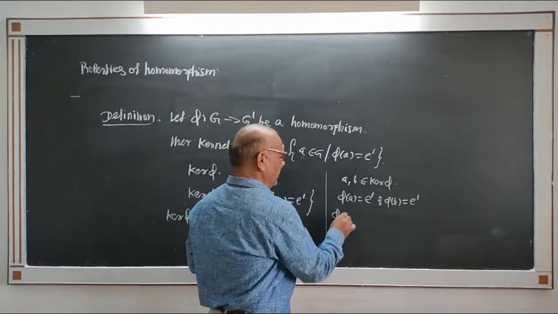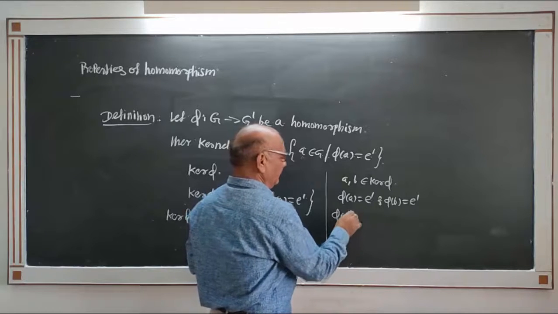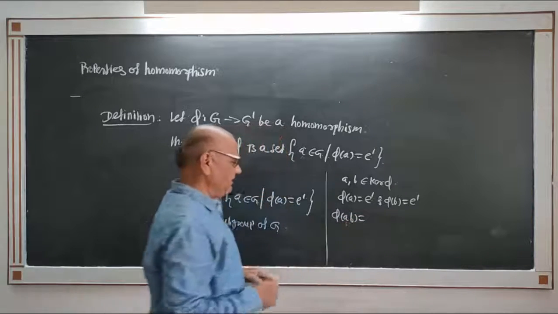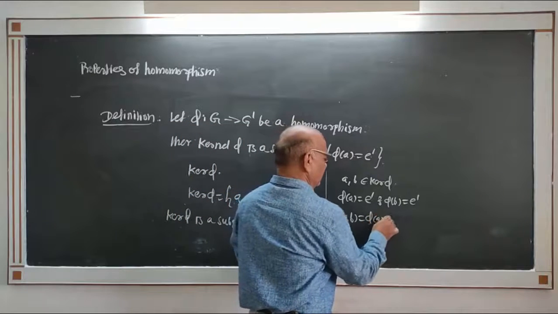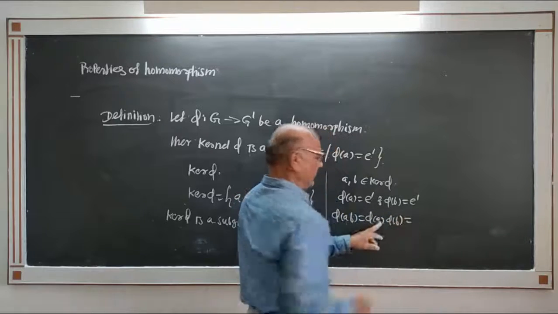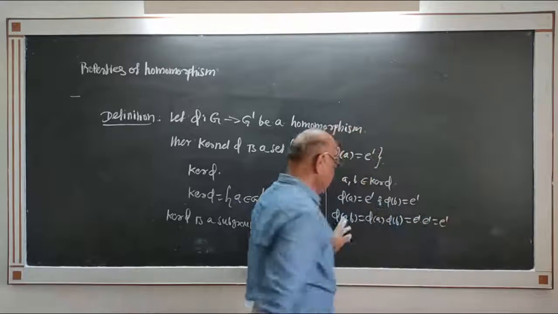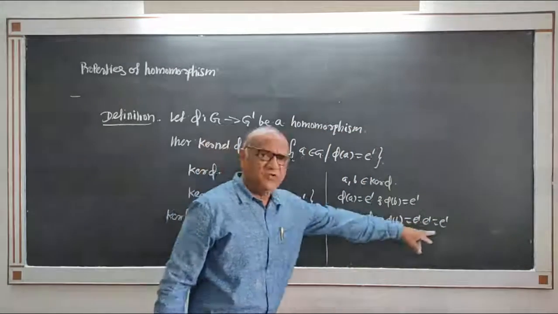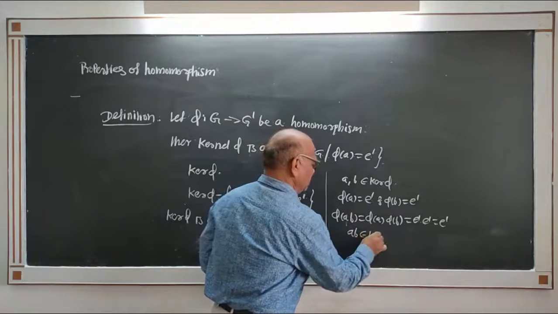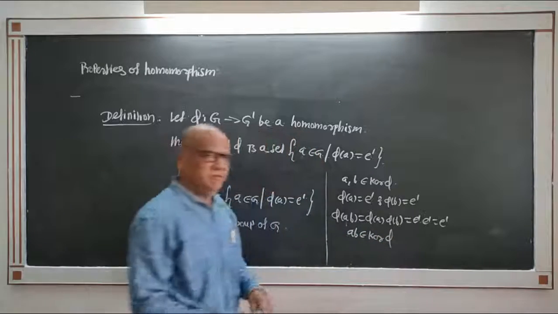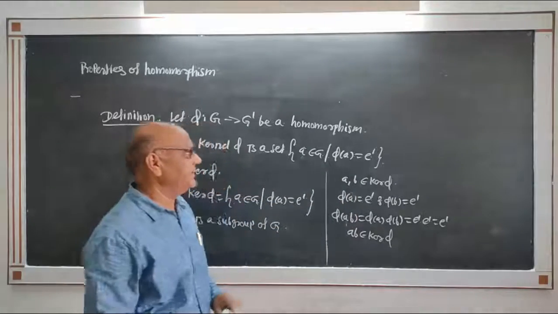Now phi of ab, using the homomorphism, is phi of a into phi of b, which is e' into e', which is e'. That means phi of ab is equal to e'. This gives, clearly by the definition of kernel, ab belongs to kernel phi. That means the closure property is satisfied in kernel phi.